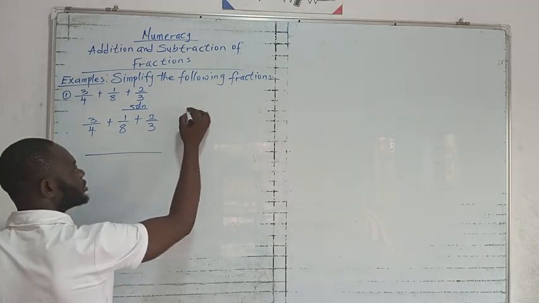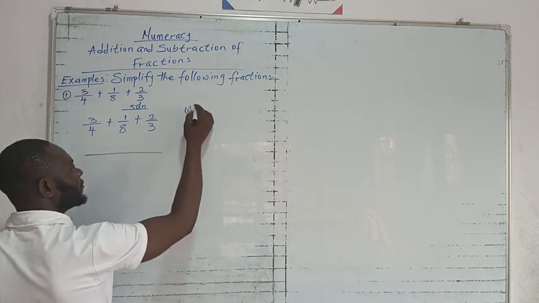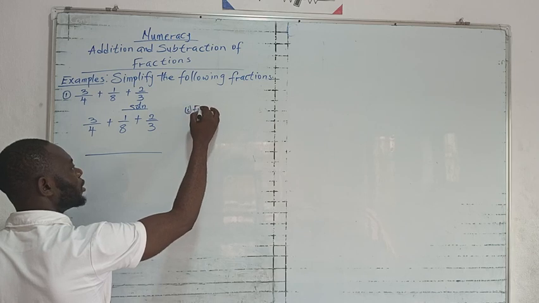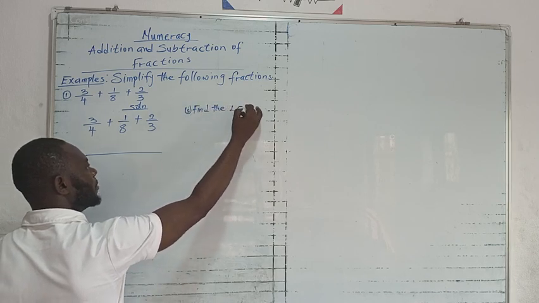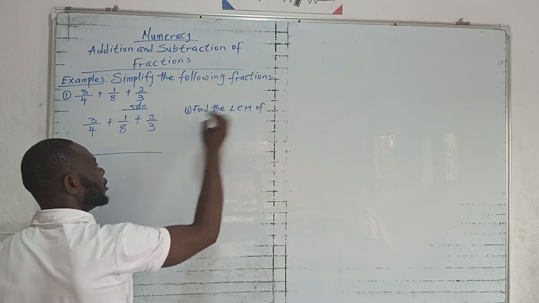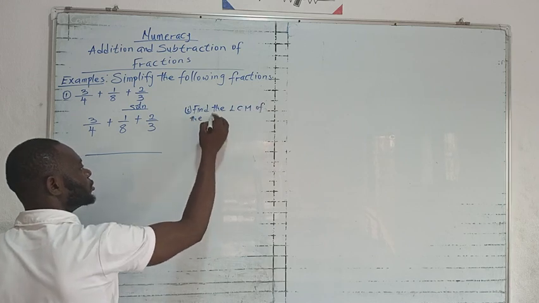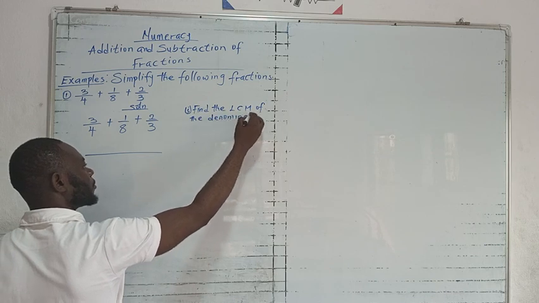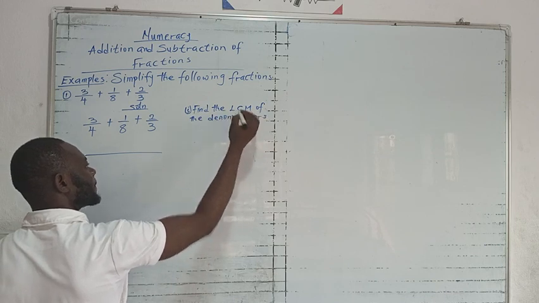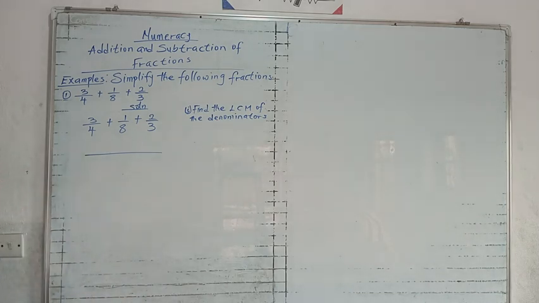I can call this step 1: find the LCM of the denominators. That's the first thing we do.